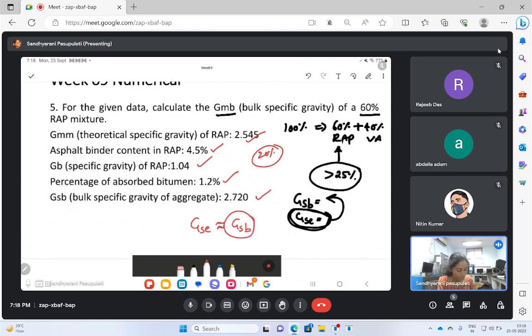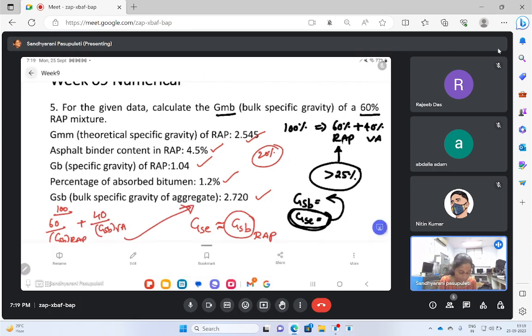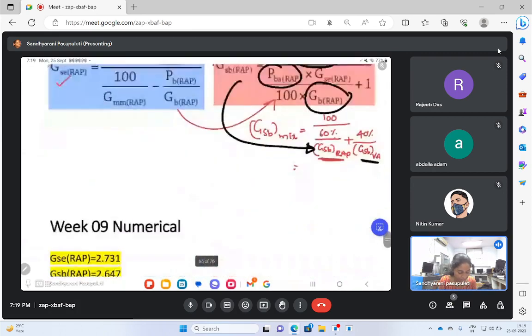Once the GSB of RAP is known, the process is the same: 60% which is RAP divided by the GSB of RAP, plus 40% which is virgin aggregates divided by the GSB of virgin aggregates, which is given here. So the only difference would be we consider GSE as the GSB if the RAP percentage is less than 20%.